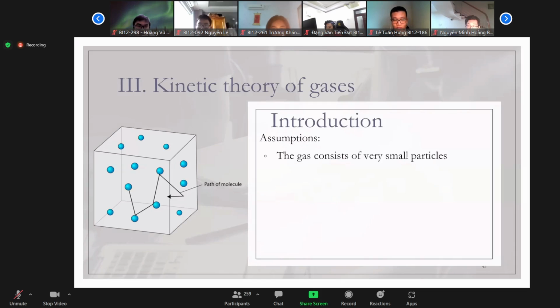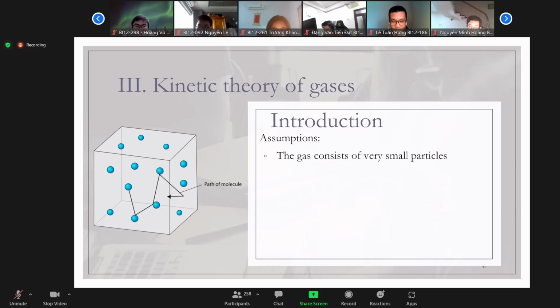And this kinetic theory of gases is based on several assumptions, because here we do not talk about real gases. We talk about an ideal gas. Then this kinetic theory follows several assumptions.